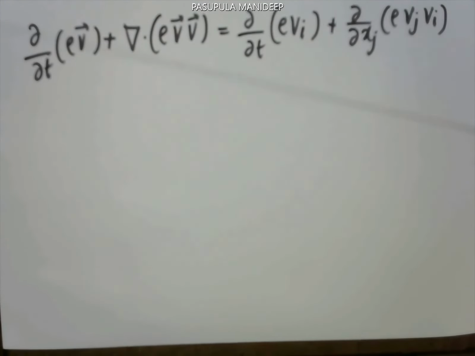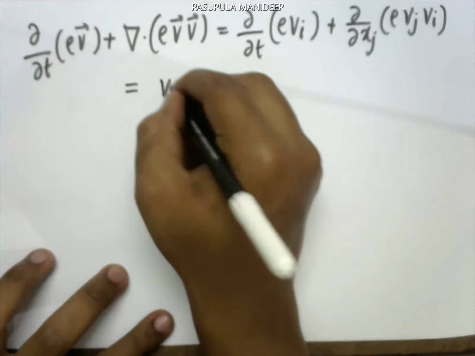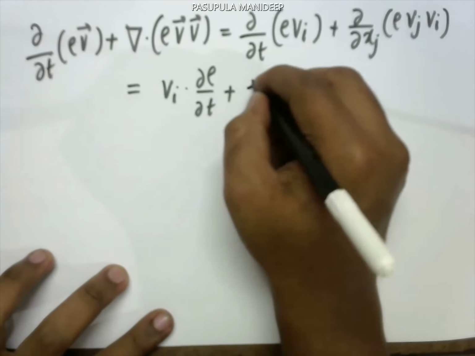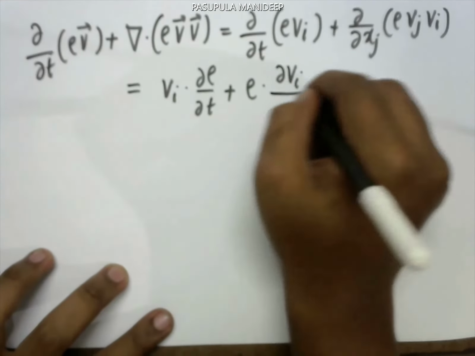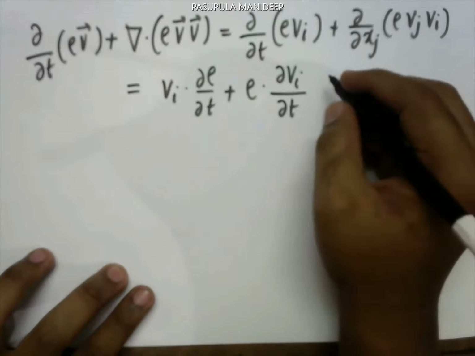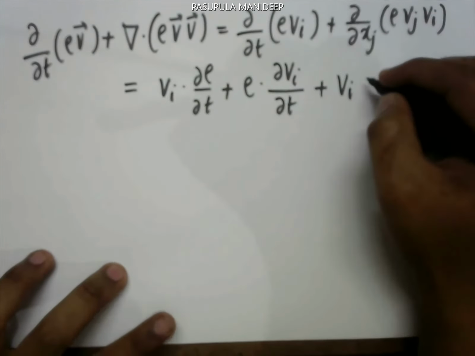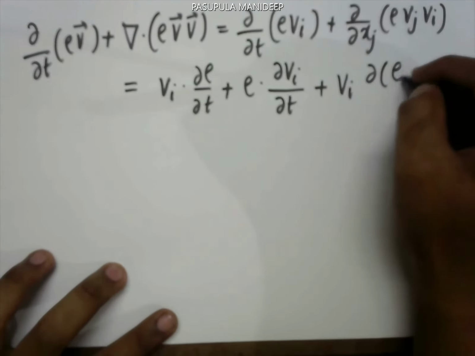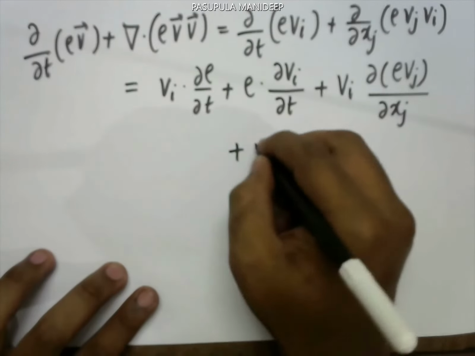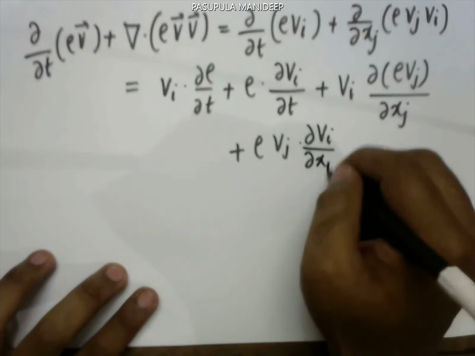Okay, we can rewrite this expression as vi into del rho by del t plus rho into del vi by del t plus vi into del rho vj by del xj plus rho into vj into del vi by del xj.